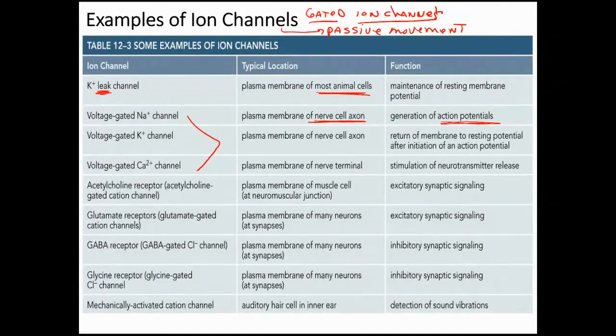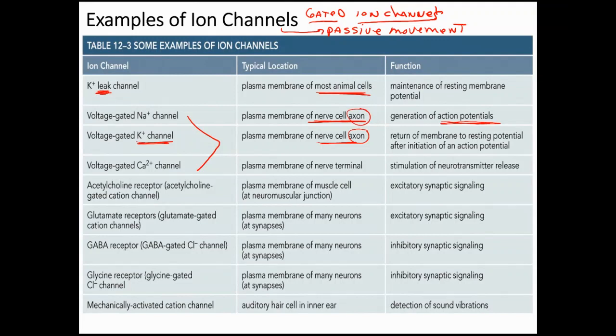Then we also have the voltage gated potassium channels, which again are found in the plasma membrane of the nerve cell axon, that is responsible for bringing the membrane potential back to resting potential after an action potential is moving through, correct?